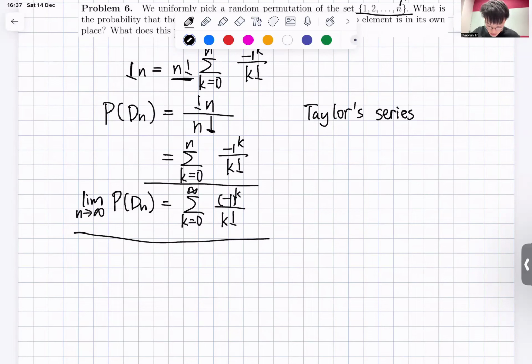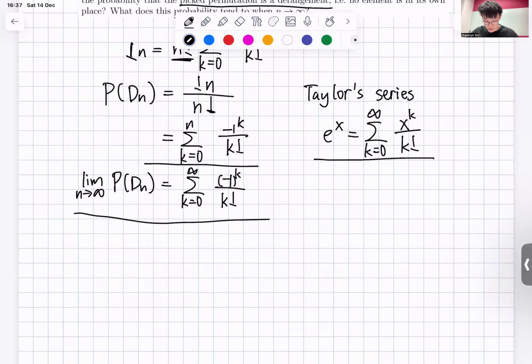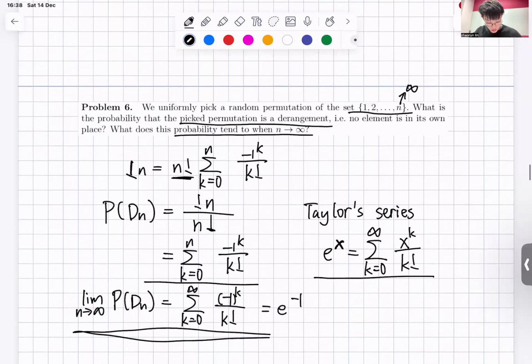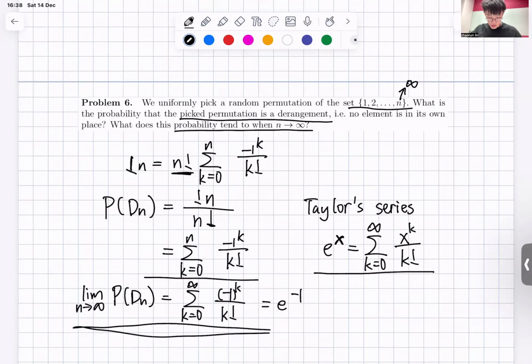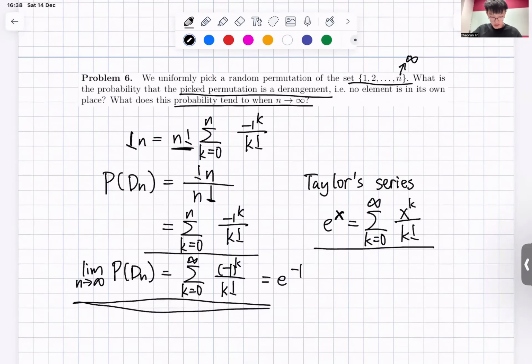We have a Taylor series, which is the definition that e to the power of x is the sum from 0 to infinity of x to the power of k over k factorial. And you can see that for this part, we just have x equals -1. So this is e to the power of -1. This is the probability when n tends to infinity.